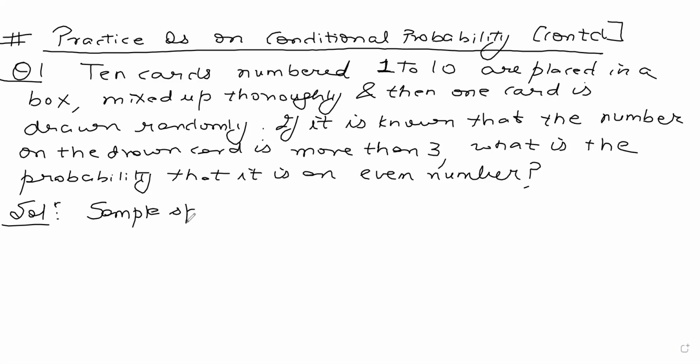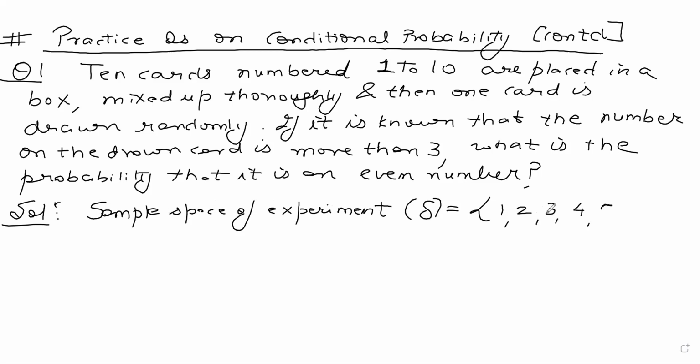The sample space, which we denote by delta, is the set of 1, 2, 3, 4, 5, 6, 7, 8, 9, and 10. This is the sample space, because when we are drawing any one card, it can take any one of these 10 values.